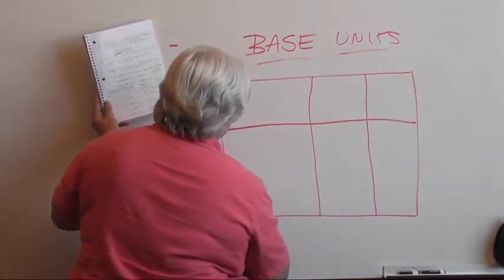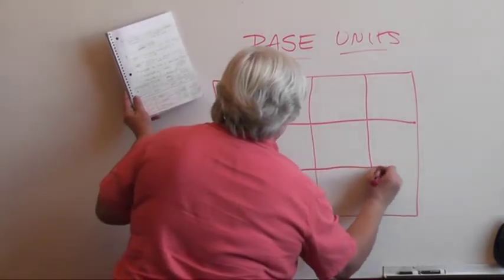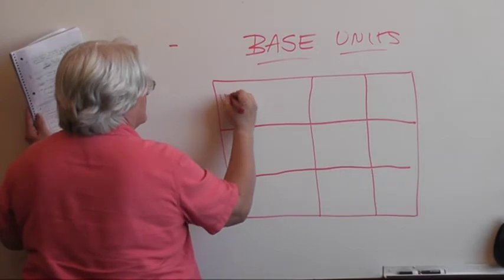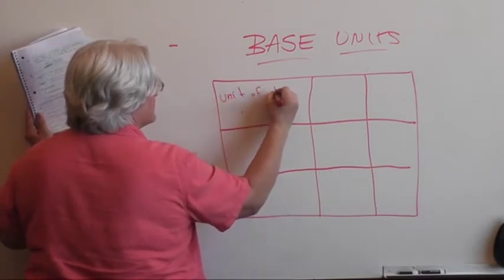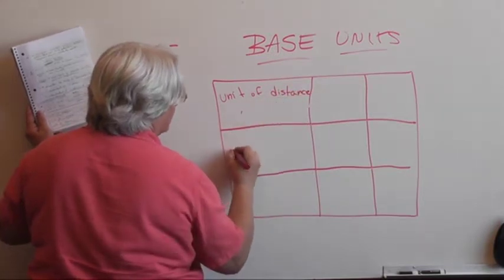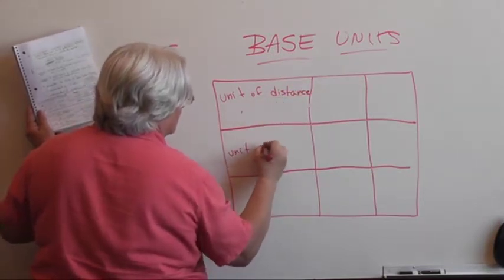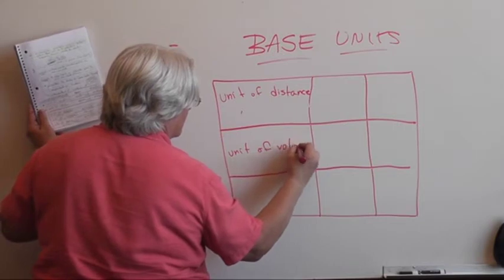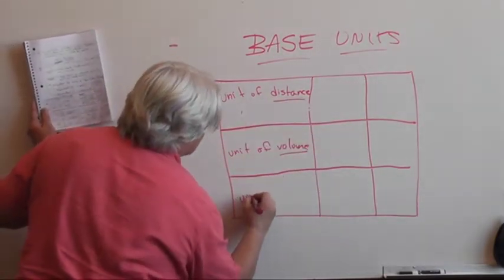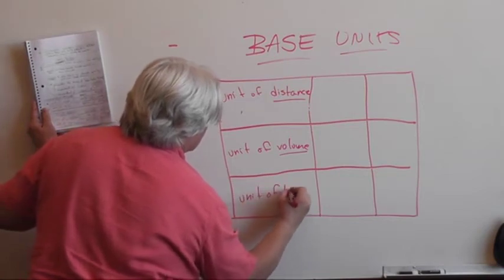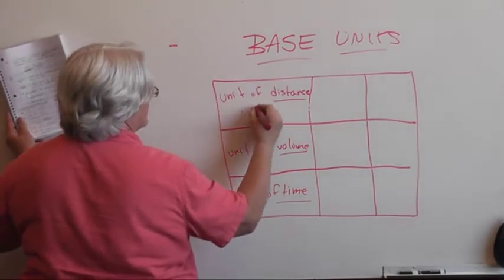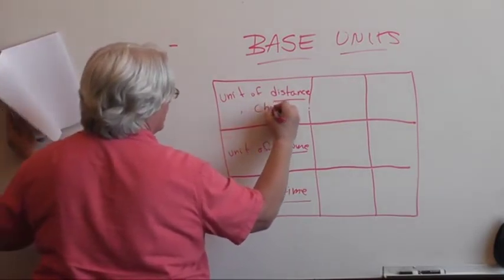because we're going to be talking about distance, volume, and time. So first we're going to have units of distance, units of volume, and then we're going to talk about time. And distance refers to how big something is.